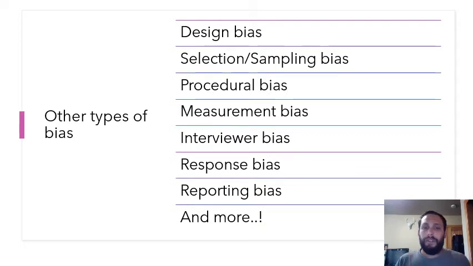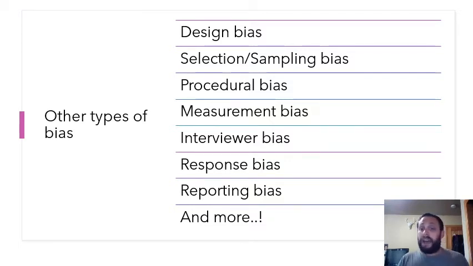And I really wanted to talk about this: there are a lot of different types of biases that we don't have time to go into much detail about, but they really exist. Design bias: the way that you design your study has bias in itself. Sampling bias: we'll talk about how to do sampling selection later on in this course.